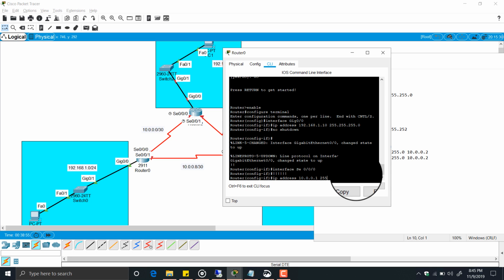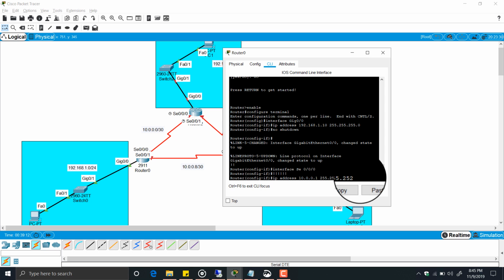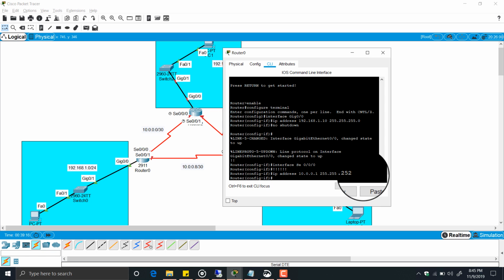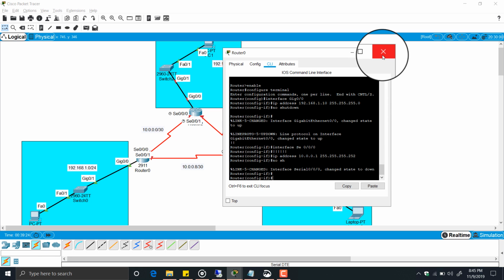And the subnet mask is going to be 255.255.255.252. The reason is that these networks, these ones, are /30. So we're going to use 252, which is the /30 equivalent, right? Now I'm going to turn on the interface. Okay, now the interface is turned on.